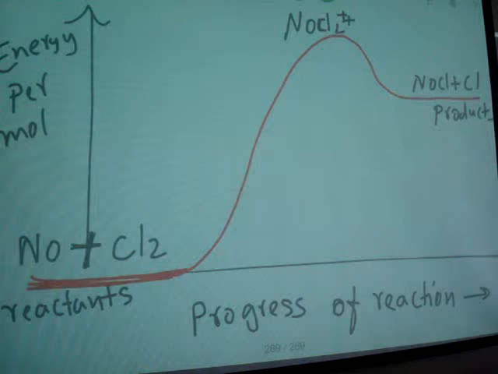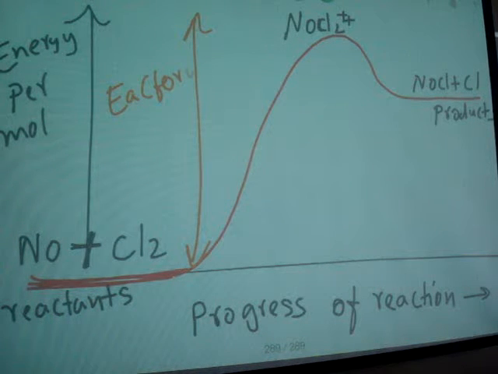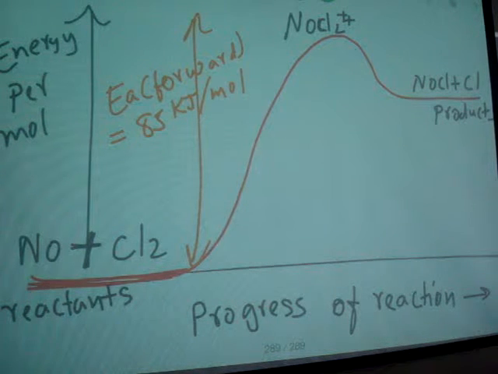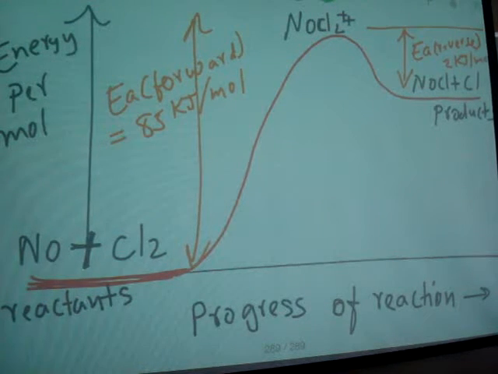Now remember that the activation energy, EA, for the forward reaction is 85 kilojoules per mole, and EA for the reverse is 2 kilojoules per mole.